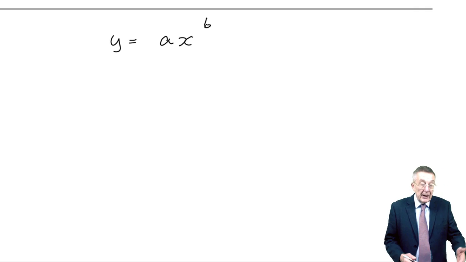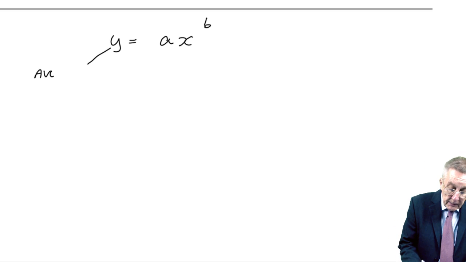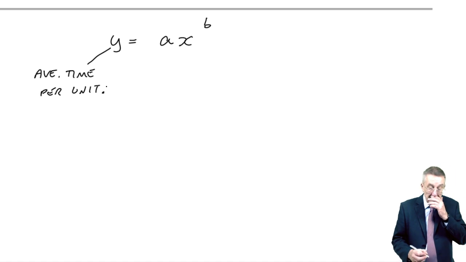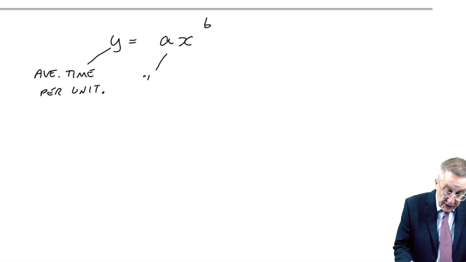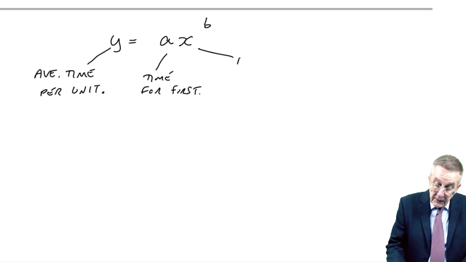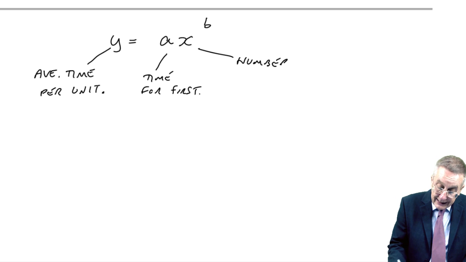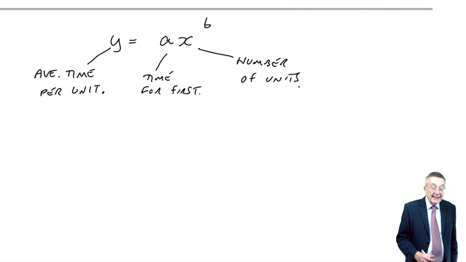I'm obviously about to illustrate it with an example, but y is the average time per unit, a is the time for the first unit, x is the number of units, and b is the learning factor.